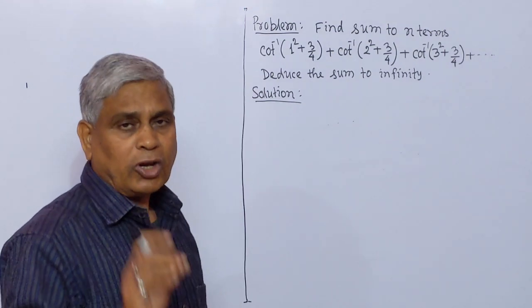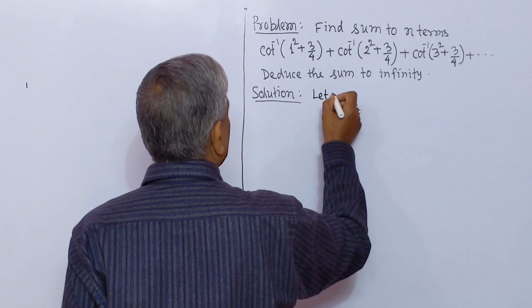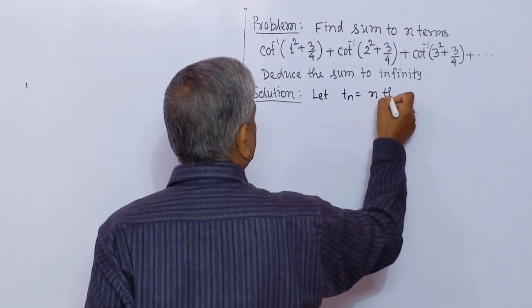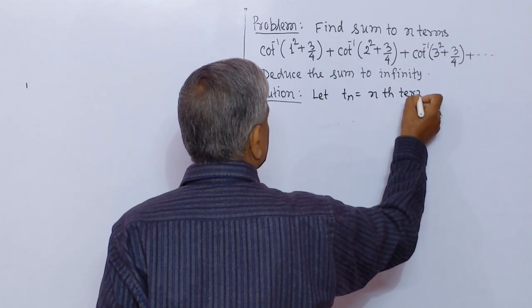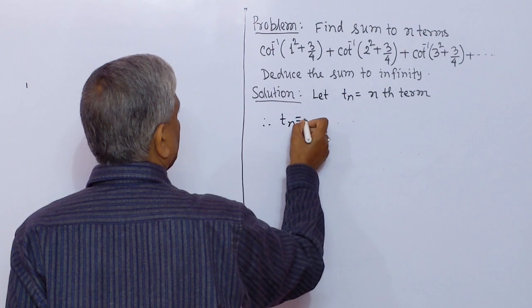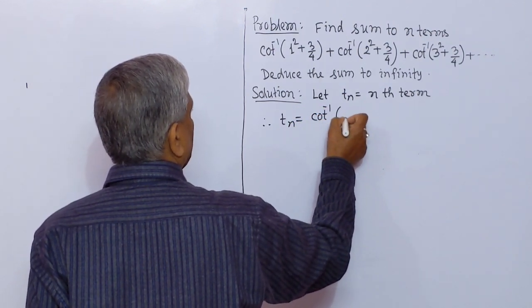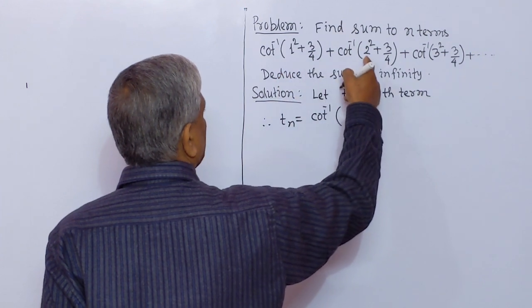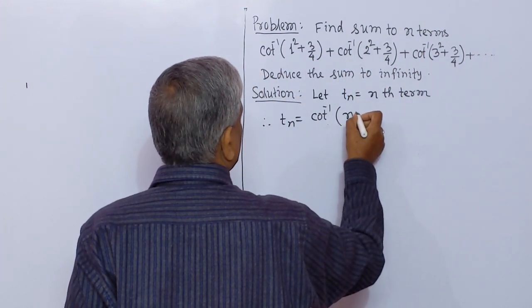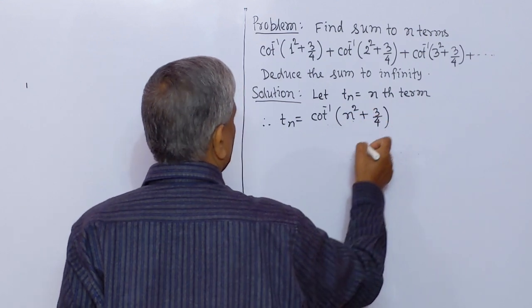Now we solve this. Solution: let Tn equal to the nth term. Therefore Tn equal to cot inverse, here 1 square, here 2 square, here 3 square, then in the nth term, n square plus 3 by 4.